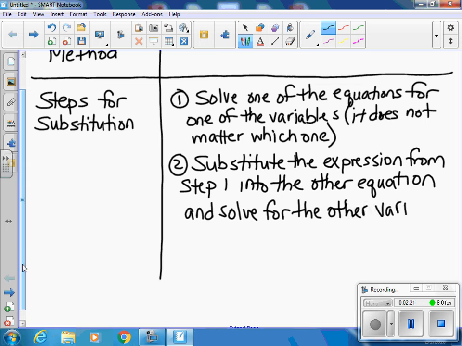This will get you half of your answer, because remember, your answers have to be written as an ordered pair, which means you need 2 values, so this will get you one of the values.